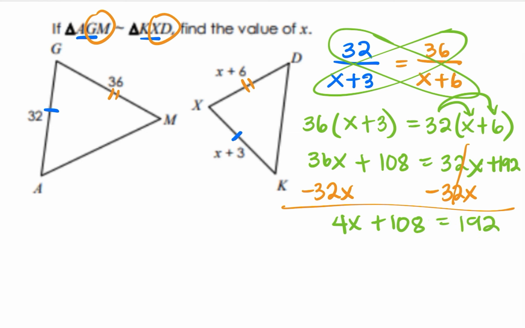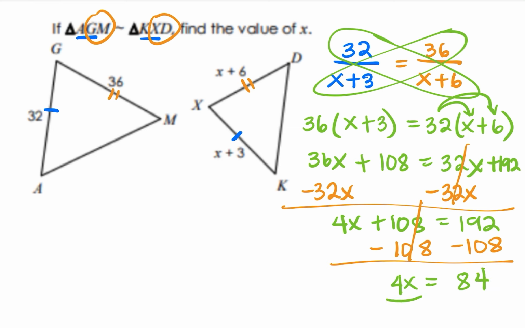I'm going to move the constant to the other side, so minus 108 on both sides. This leaves me with 4x equals 84. Dividing both sides by 4 gives us the value of x, and x is equal to 21.